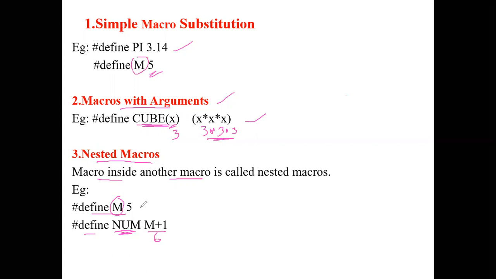First you are defining a simple macro, and next you define one more macro which is dependent on your previous macro. This is called a nested macro. This macro is nested within another.